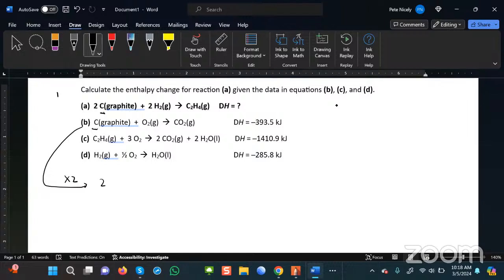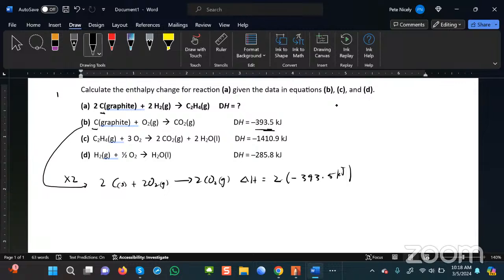So I'm going to get 2 carbon solid plus 2 O2 gas to give 2 CO2 gas. And because we have doubled everything here, we also have to multiply the delta H value by 2. So delta H for this new equation would be 2 times minus 393.5 kilojoules.